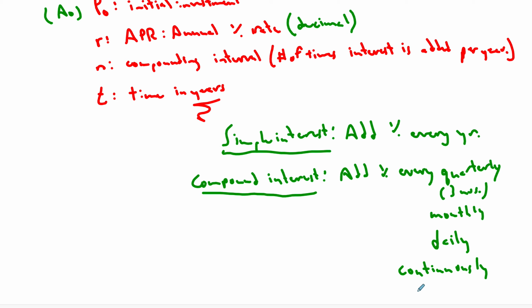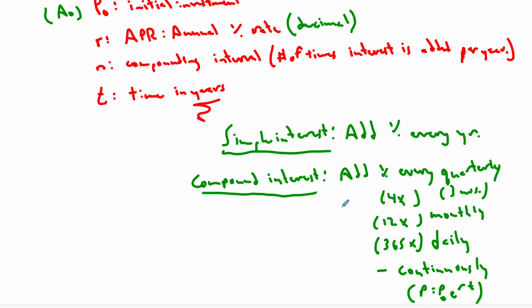This is where you'd use the P equals P naught e to the RT equation. Notice the continuously, right? Now, daily means you're adding the interest 365 times a year. Monthly means you're adding it every month or 12 times a year. And quarterly, every 3 months, means you're adding it 4 times every year.